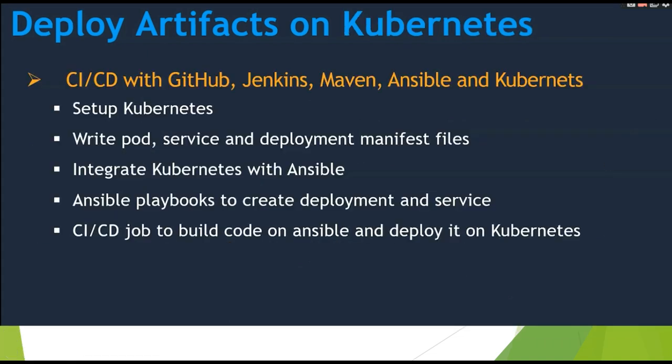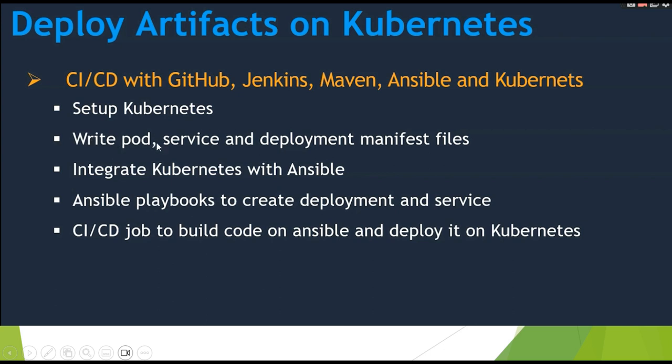So in the fourth phase, we are going to deploy our built image, which is pushed to Docker Hub. We are going to set up a CI/CD job with GitHub, Jenkins, Maven, and Ansible. Here, instead of a Docker container, we are going to use Kubernetes. We are going to set up a Kubernetes cluster.